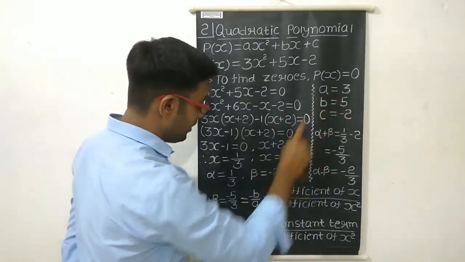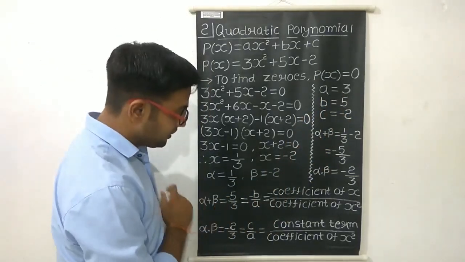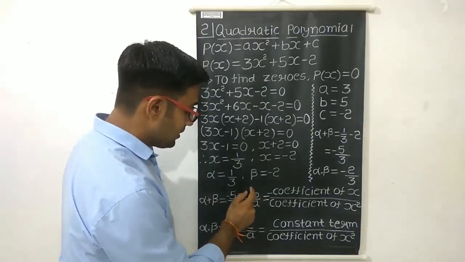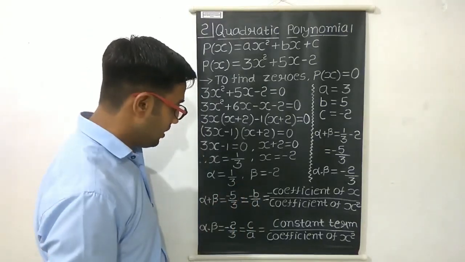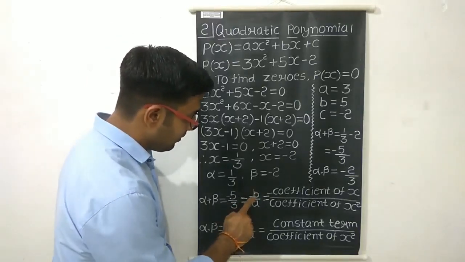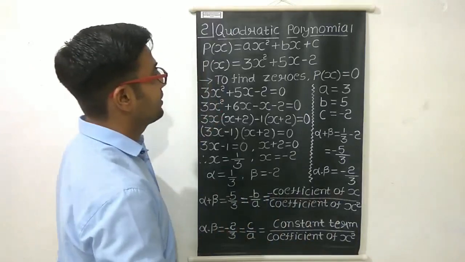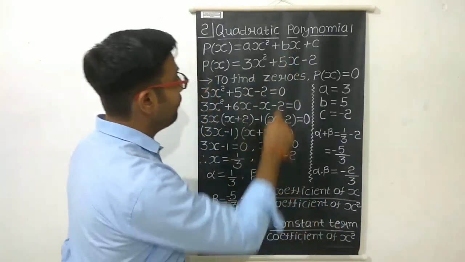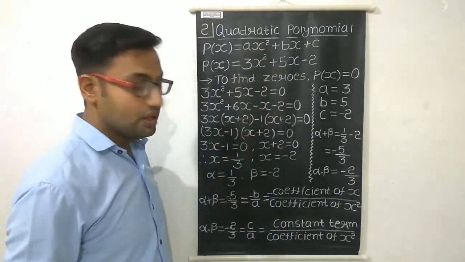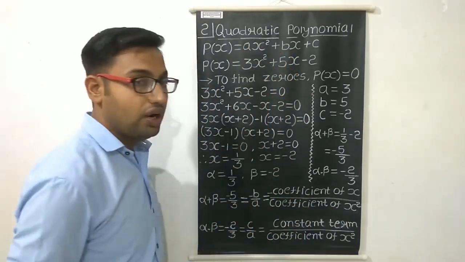Instead of 3, we can write A. So the relation is alpha plus beta is equal to minus B upon A. This minus sign remains as it is. B is the coefficient of x, and A is the coefficient of x square. So this is the first relation: alpha plus beta is equal to minus B upon A.